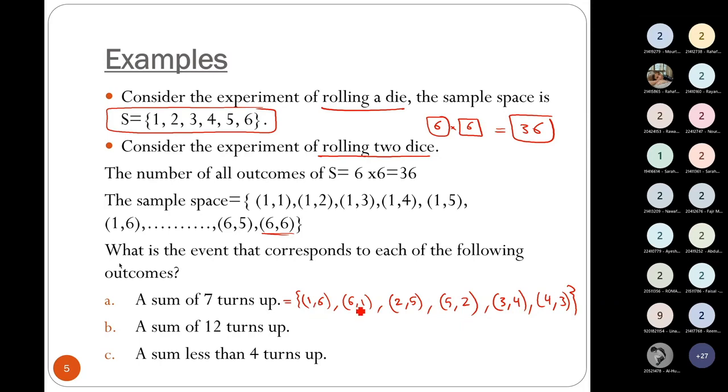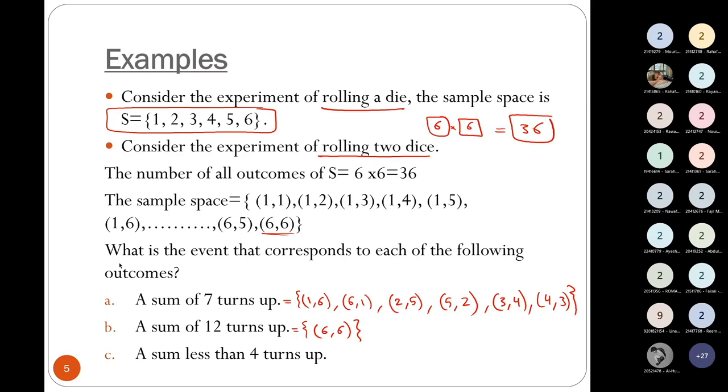We have 1, 2, 3, 4, 5, 6 outcomes. If the sum equals 12, we have 6 and 6 only. We have one element, one outcome.